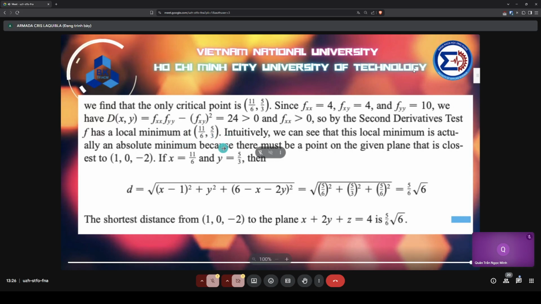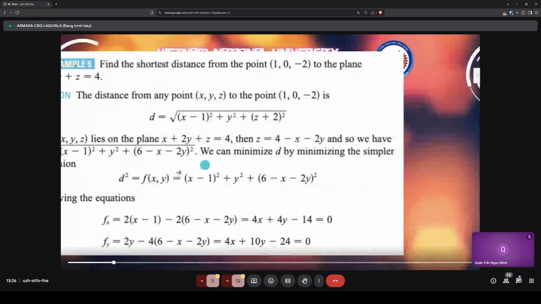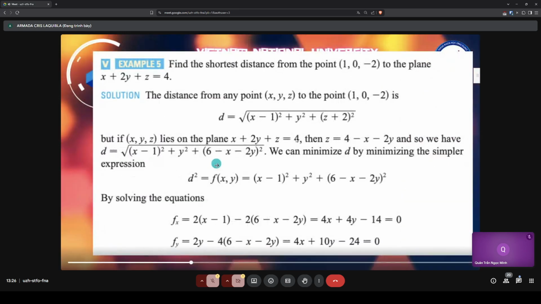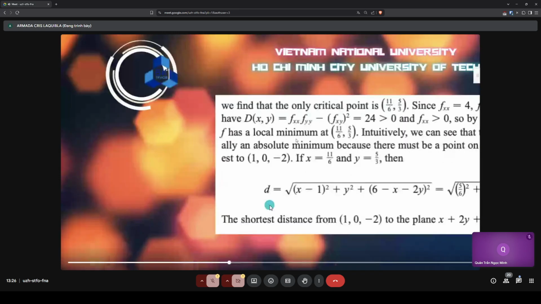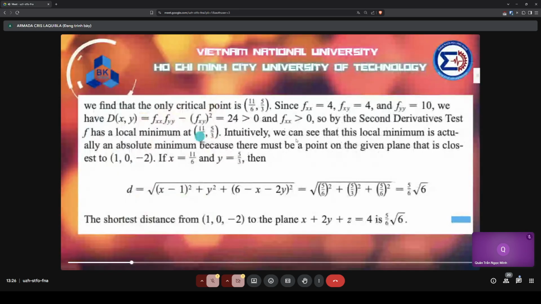And what can you say about the local minimum? Again, it will give you the minimum number for your distance d. So go back to your distance d, which is this. You use this one because there is no z here anymore, only x and y, and we get only an ordered pair, x and y, 11/6 and 5/3.